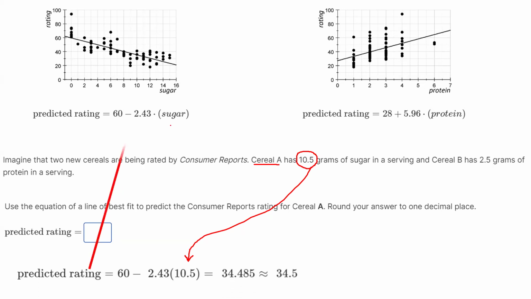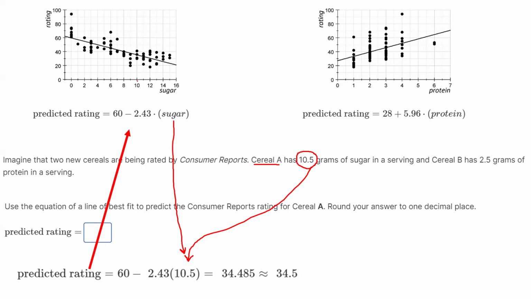You do the multiplication. The amount of sugar, which is just right here, we multiply 2.43, which is given to us, this is the slope of the line, times the amount of sugar, which is going to be about 34.5 predicted rating.